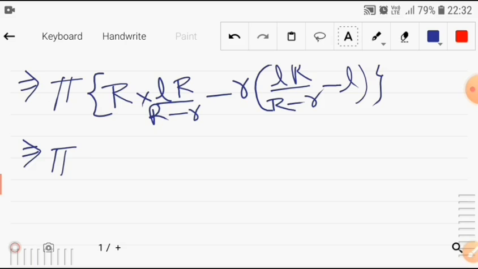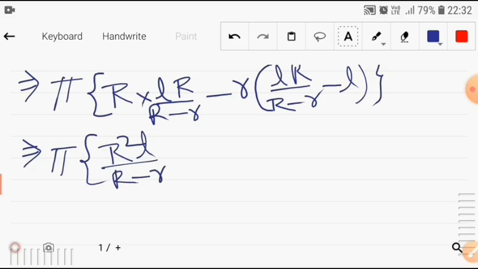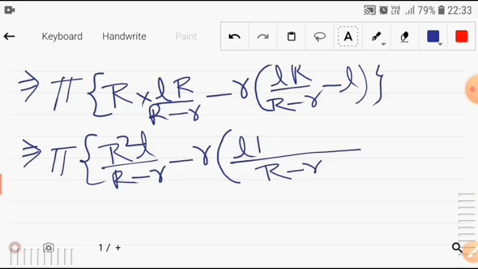Pi, R multiplied by R is R square l by R minus r, minus r. Now by taking LCM, we'll take the LCM out here again. So R minus r is the LCM again. So l R will come as it is, l R minus, and l will get multiplied with R minus r as discussed above. This is the same equation.